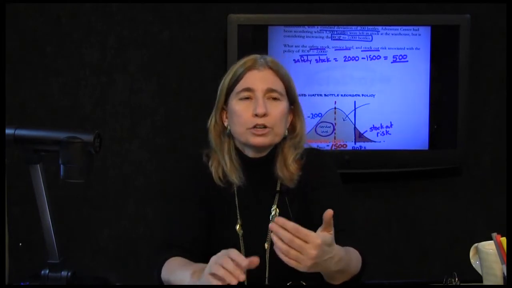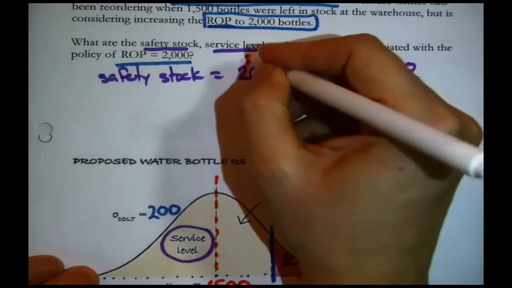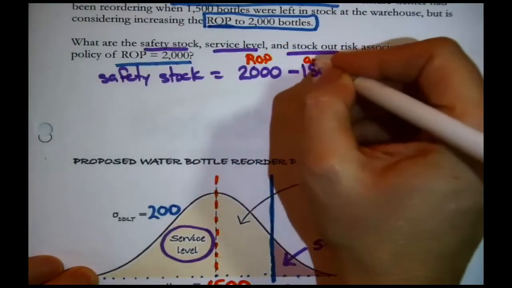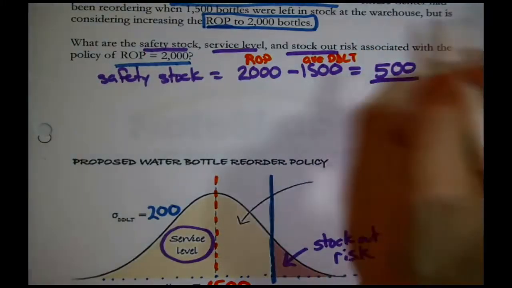Because safety stock is any difference between, on average, how much you need during lead time and what you actually reorder at. It's basically by how much you're padding the long-term average to actually use as a signal for placing your order. Simple arithmetic. This part is the reorder point. This part is the average demand during lead time. Great, got that one done.